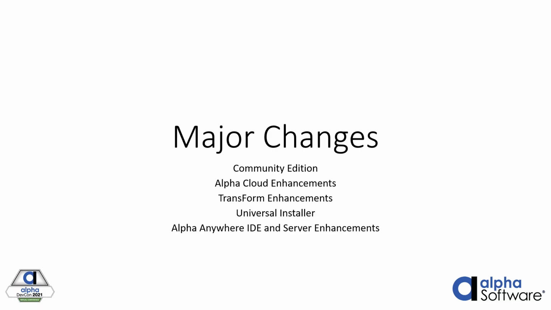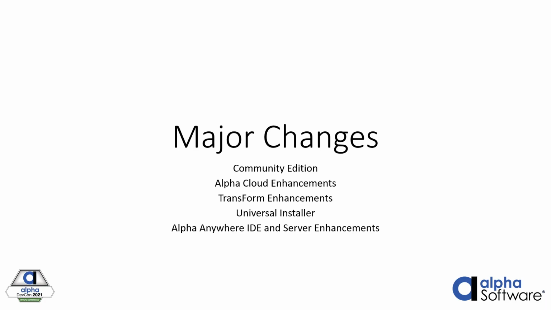In terms of the major changes, we released the Community Edition this year, which is a free version of the Alpha Anywhere IDE, with the limitation that you can only publish applications to Alpha Cloud.